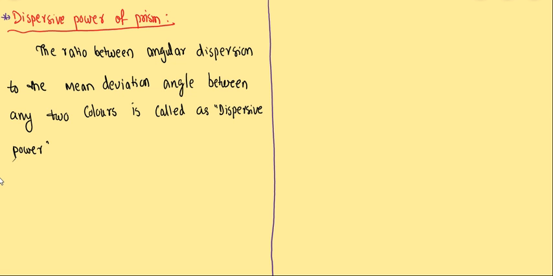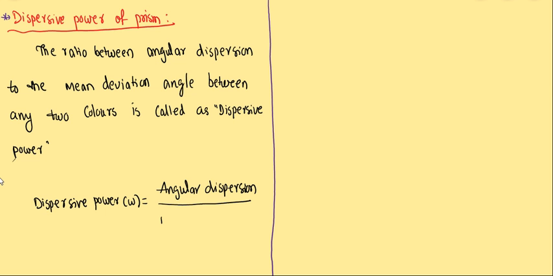Now the dispersive power formula is denoted with omega. Dispersive power omega is equal to angular dispersion by mean deviation angle between any two colors.